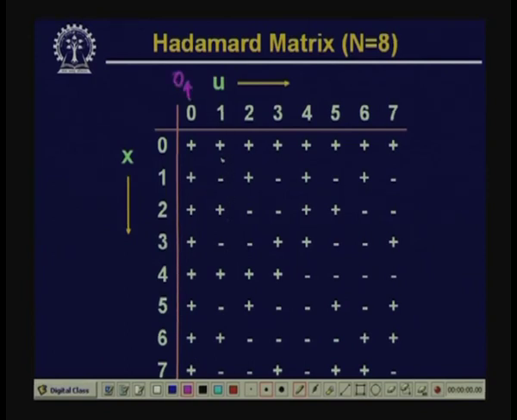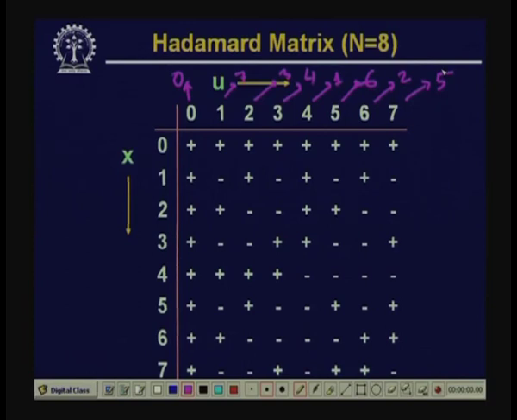Along column number 1 it is equal to 7. Along column number 2 it is equal to 3. Along column number 3 it is equal to 4. Along column 4 it is equal to 1. Along column 5 it is equal to 6. Along column 6 it is equal to 2. Along column 7 it is equal to 5.